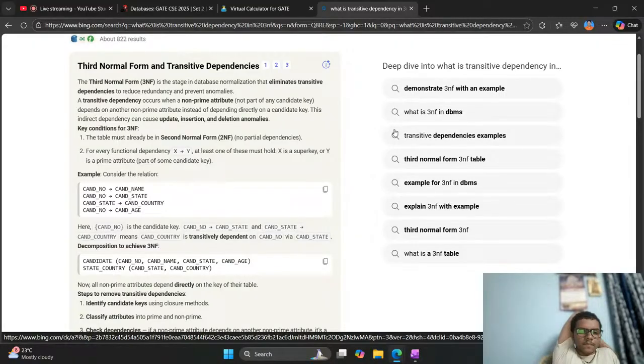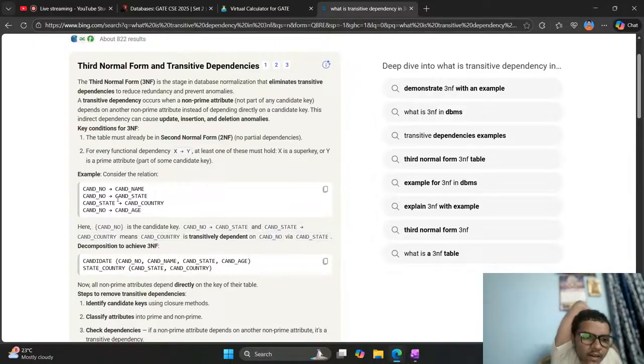Okay. Candidate number to candidate state to candidate country means candidate country is transitively dependent on candidate number.